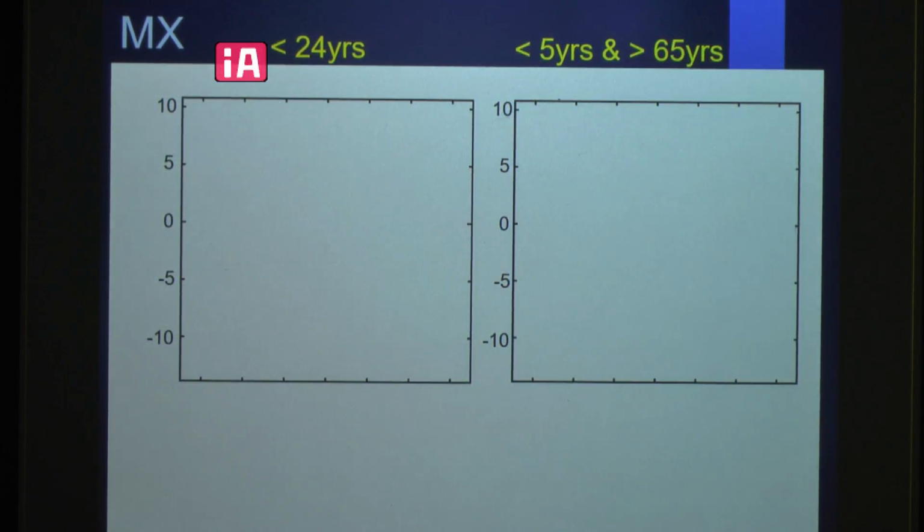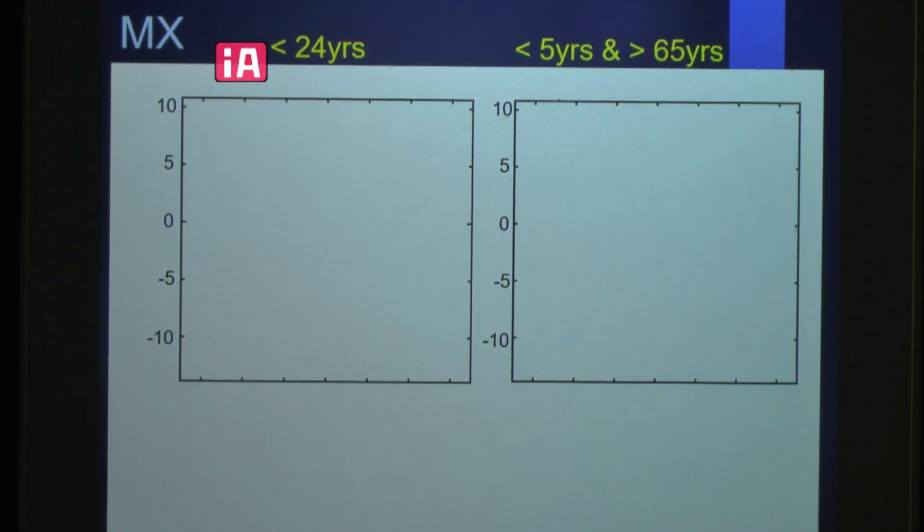In terms of looking at the specific weights and the magnitude of the relationship between inputs and outputs, I'm going to be walking you through these graphs. The first one shows the 2 models for Mexico. The first column is for those younger than 24 years old, and the second column is for those younger than 5 and older than 65.